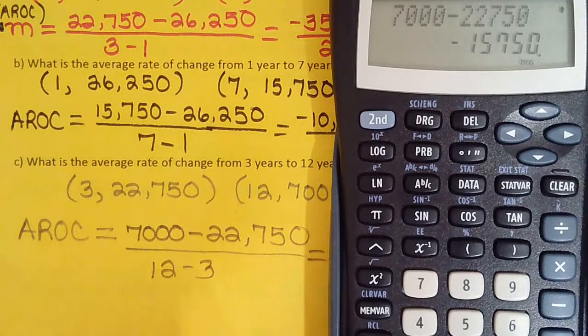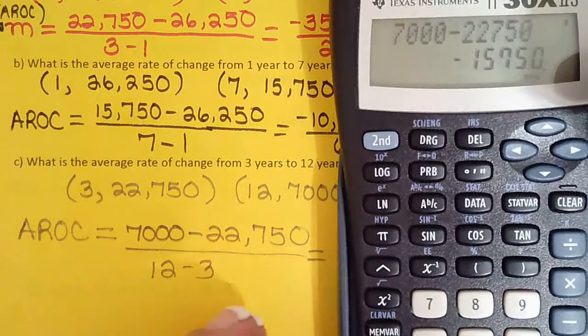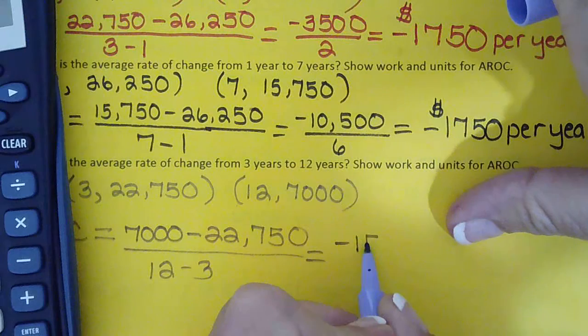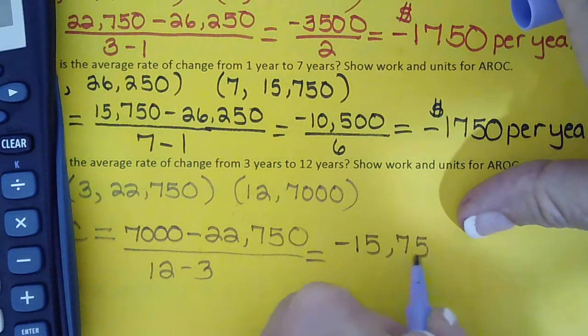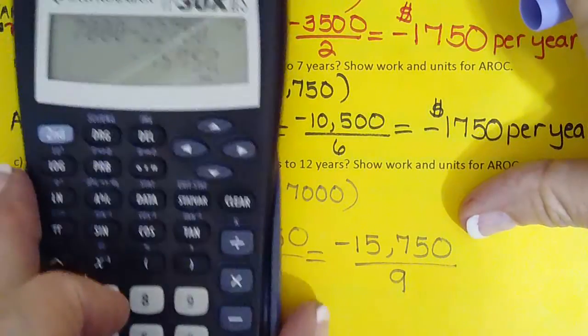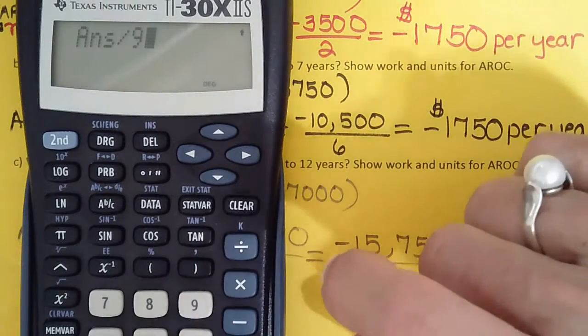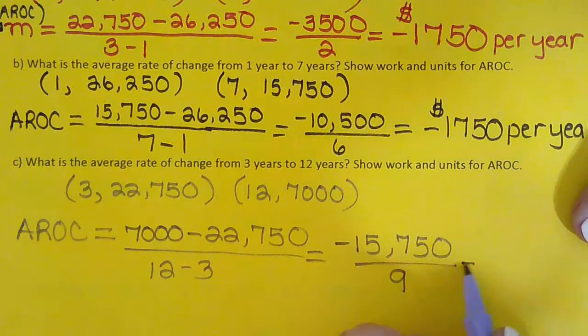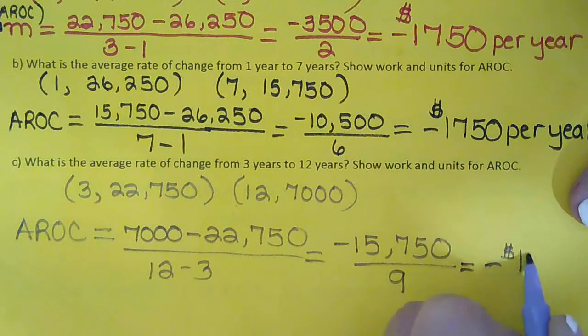Oh, so negative 15,750 over 9. Divide that by 9 and boom, there it is again. Our hypothesis is proven. So negative 1750 per year.